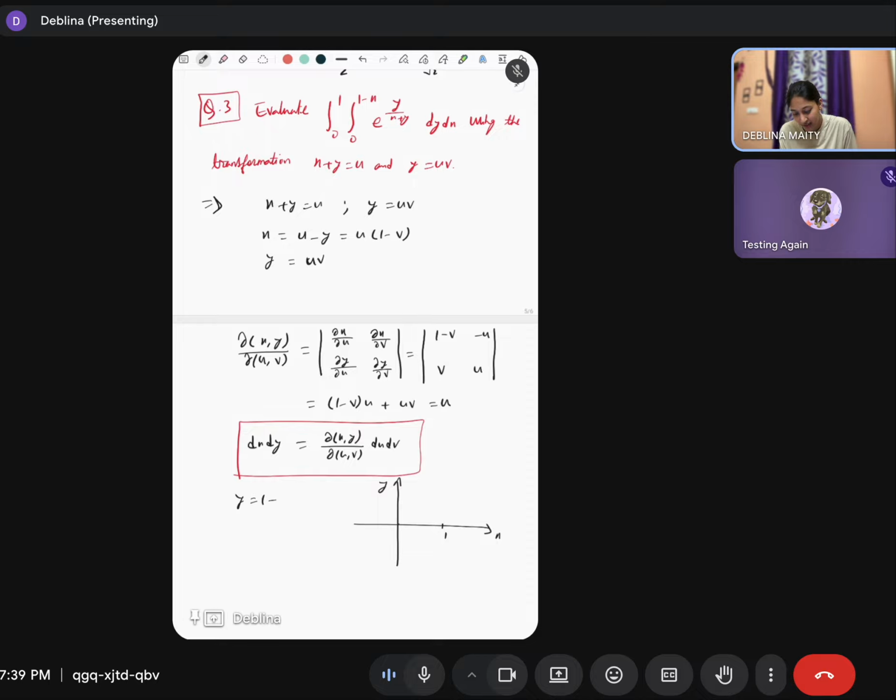So when y is 1 minus x, this means x plus y equals 1, right?